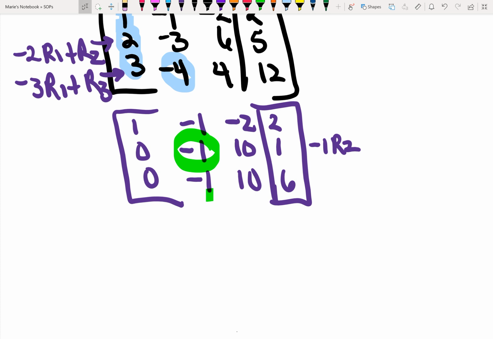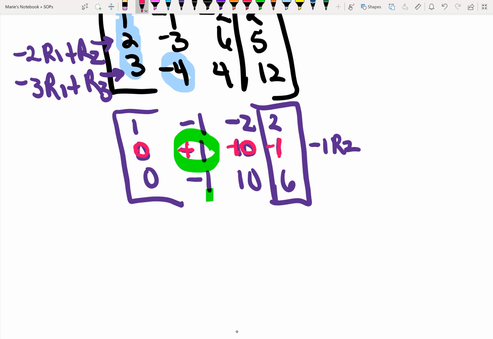If I do -1 times this row in red, you're going to see the result. So -1 times 0 is 0. -1 times -1 is +1. -1 times 10 becomes -10. And then obviously -1 times 1 is -1.